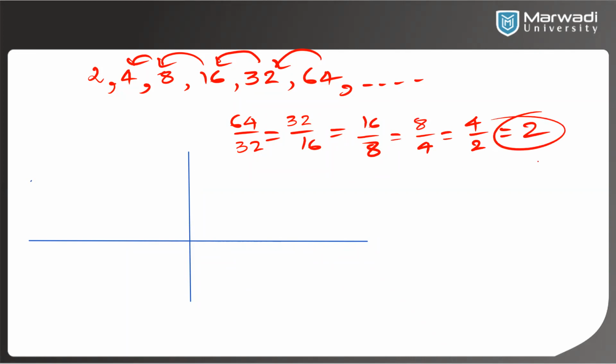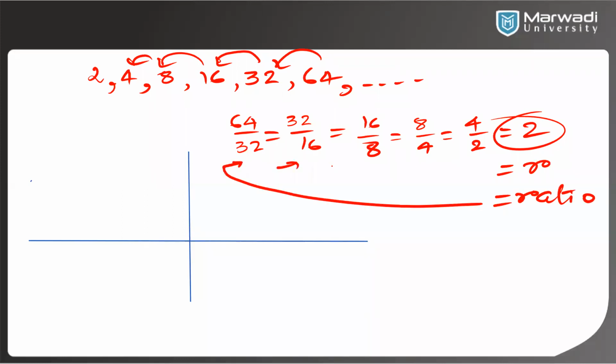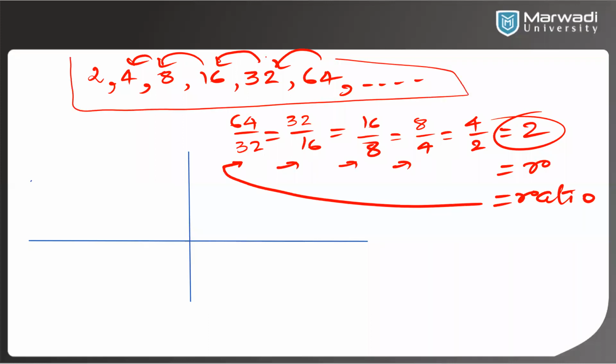Equals 2. And that 2 is equals to R. R is रेशियो, क्योंकि हमने डिवीजन लिया. So this is a geometric series.